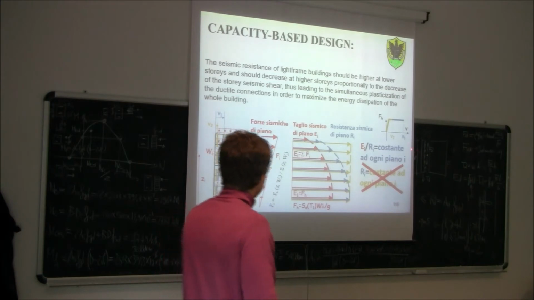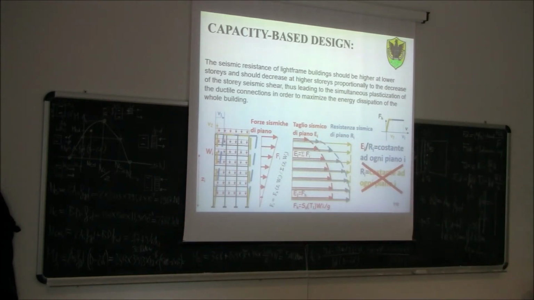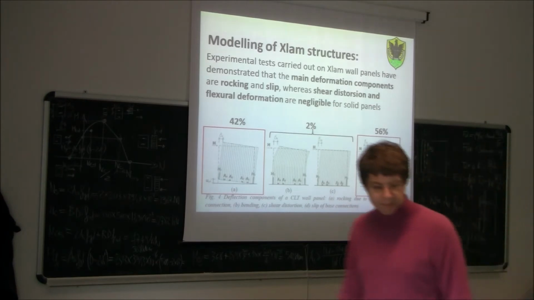Because only this way can we have a full plasticization, and then in the case of cyclic behavior, significant energy dissipation. Okay, any question about the capacity-based design of light frame buildings?